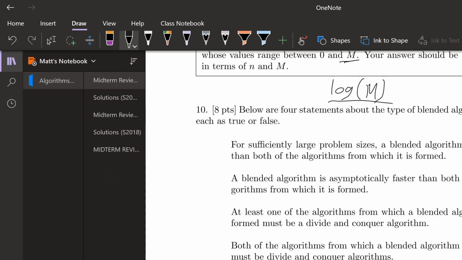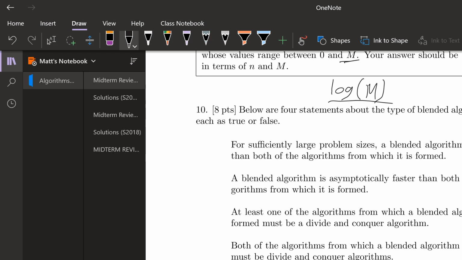That is the best explanation I have heard for this. The divide and conquer algorithm shrinks the problem, right? So why on earth would you make a blended algorithm if you weren't ever changing the size of the problem? It wouldn't make any sense. You wouldn't even be able to blend it, you would just randomly switch to another algorithm. So yes, one of them has to be divide and conquer.